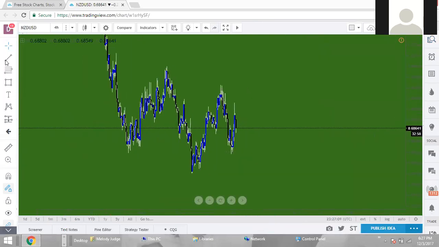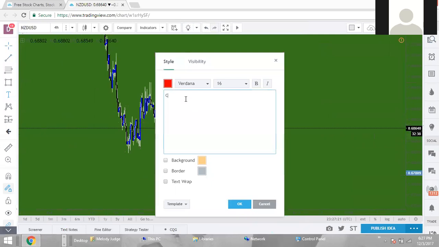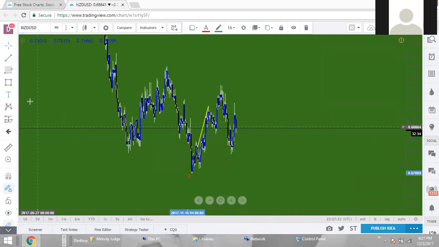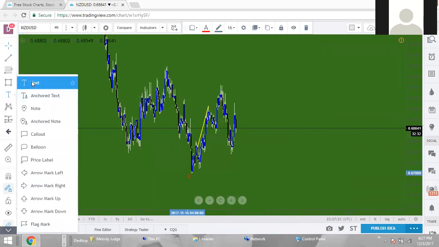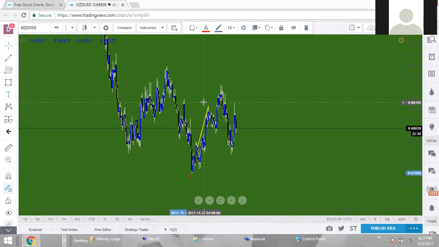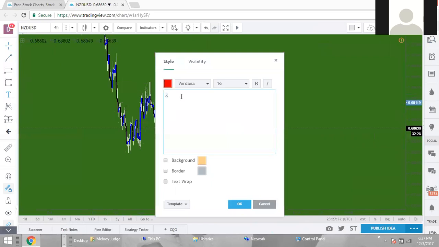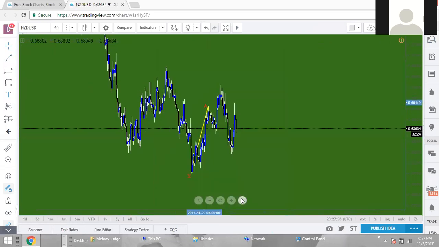Let's measure it out. What I'm looking at is the market making its impulse right here, X. Do I have any questions, anyone? If not, I'll just keep finding patterns.